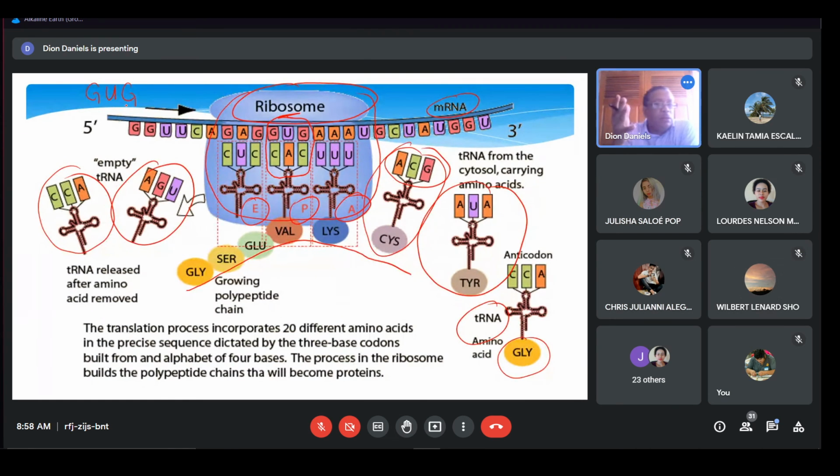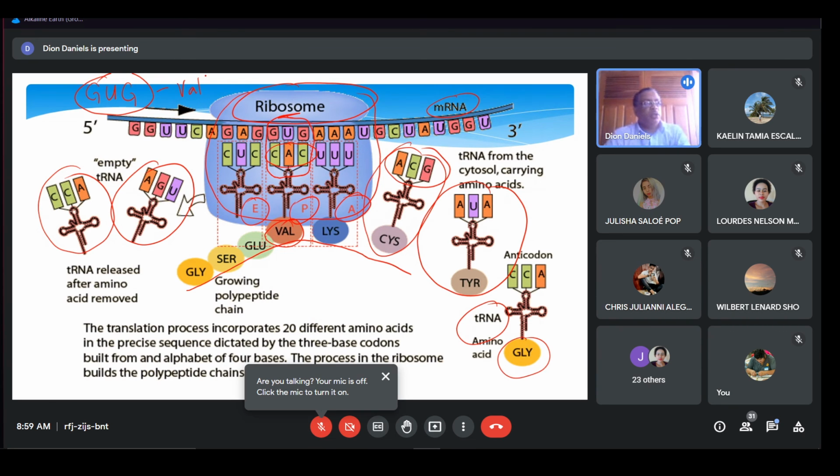Valine. See it here at the bottom. So GUG codes for valine. But this transfer RNA has the anticodon that had to match that codon, which is CAC. But the codon on the messenger RNA is the one that will indicate which amino acid it is. So remember this, GUG, and we said that it codes for valine.